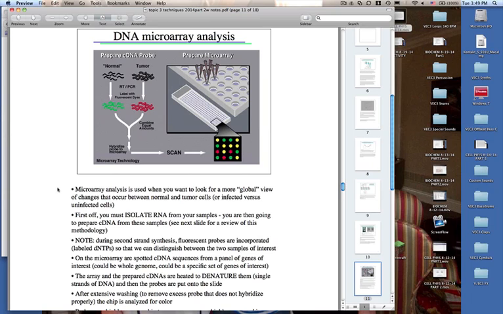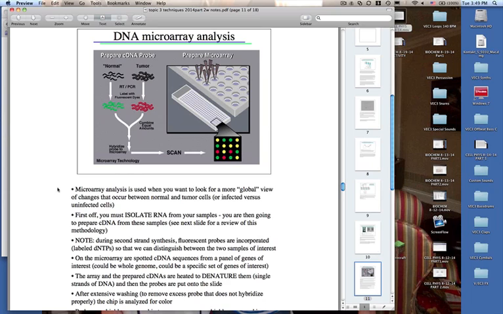And we hybridize them to what we call a cDNA array, a chip, if you will. And across this chip is arrayed every single gene of interest. Our 21,000 genes are all arrayed on this chip.